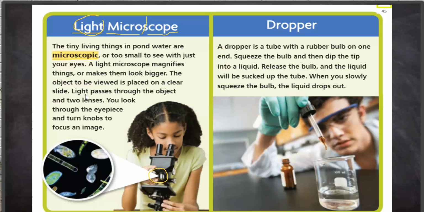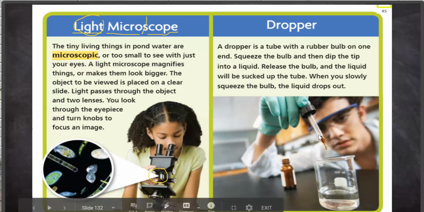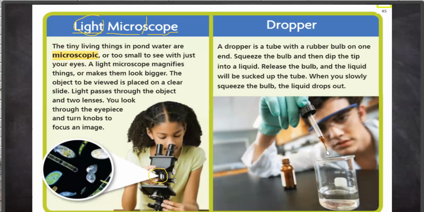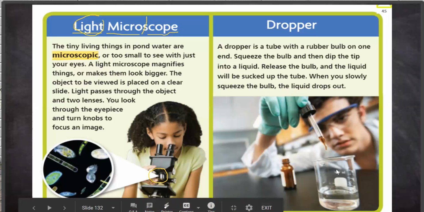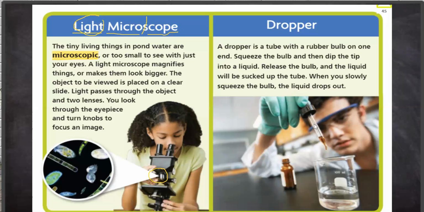I'm happy to know that. So you know how it works. When you squeeze it from up there, it sucks the liquid, and when you press it again, you release it and you can drop a small amount of liquid. Is the dropper accurate, guys?